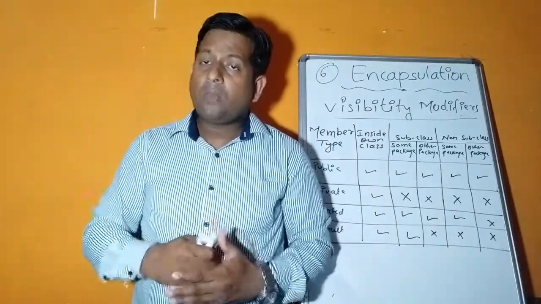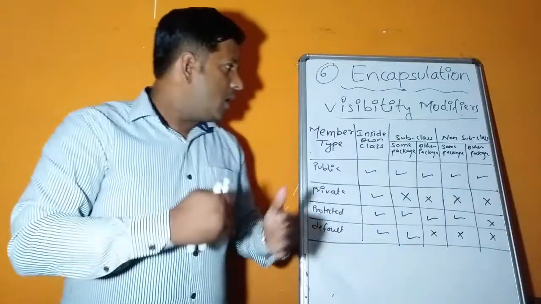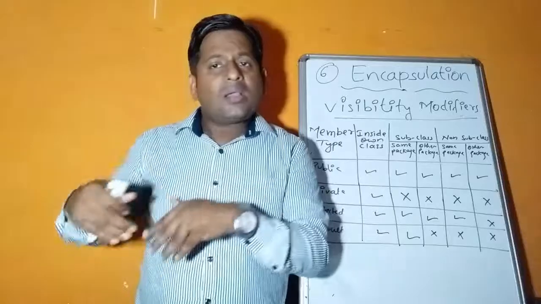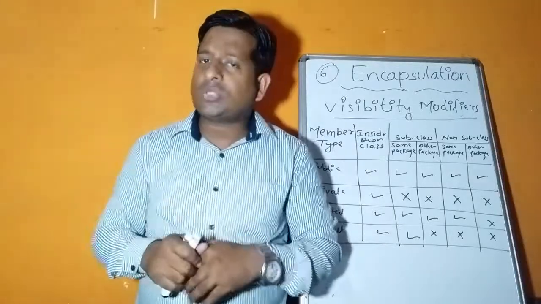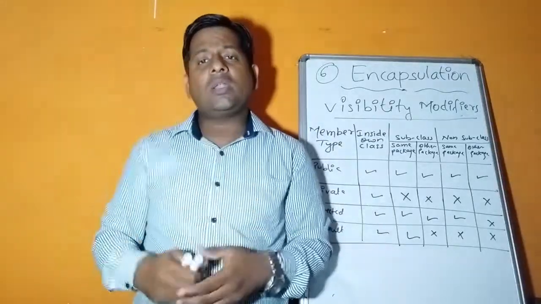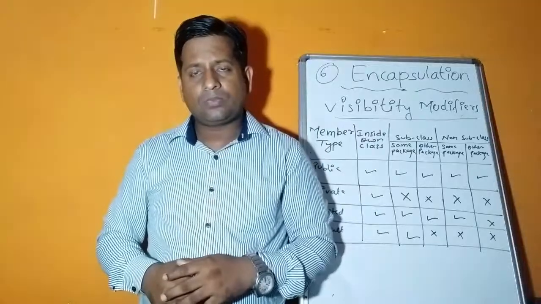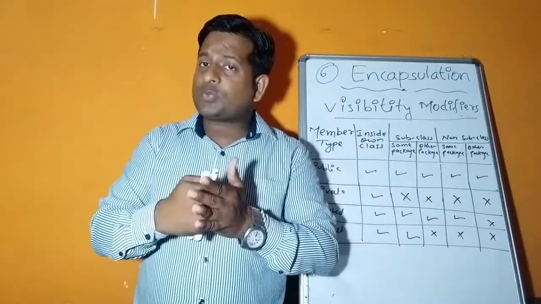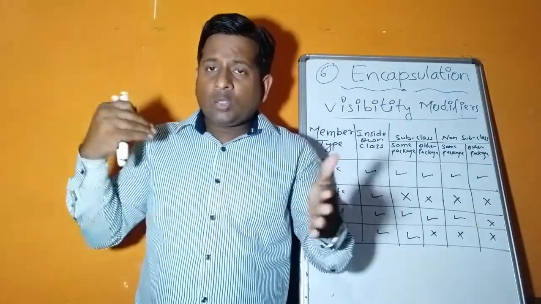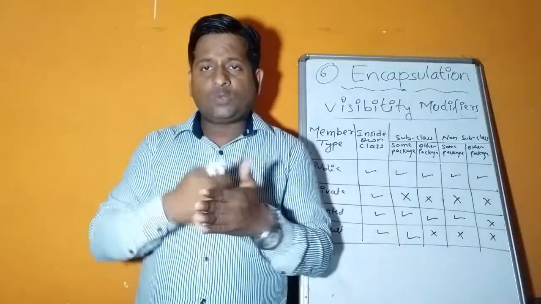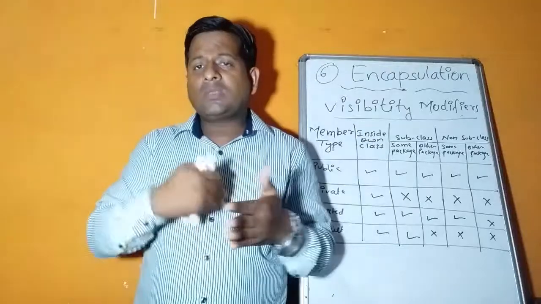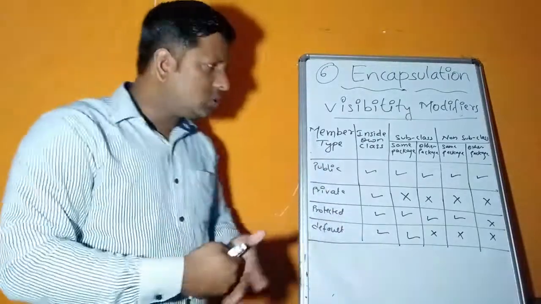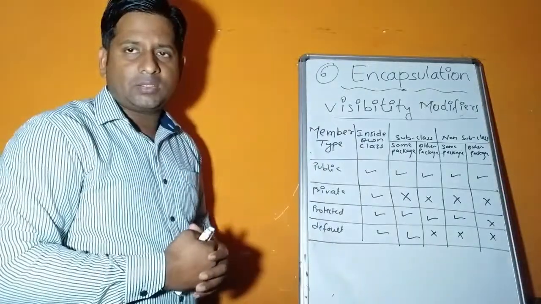Because encapsulation helps us to hide the complexity of a program from the user, and so this process is known as data abstraction. So data abstraction is interrelated to encapsulation, and to hide certain complexity from the user or from other classes, we use visibility modifiers.